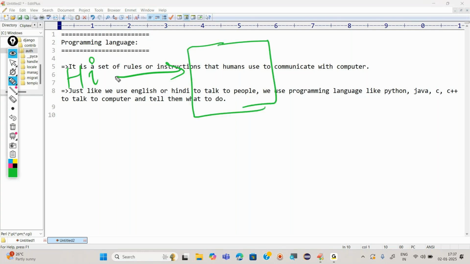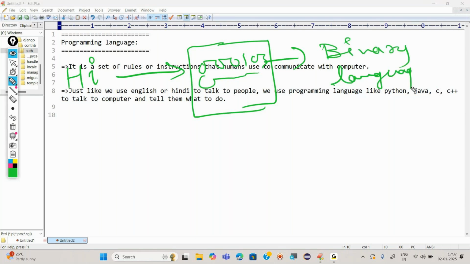It will convert this hi into something like 001000, because the system knows only binary language. That is a low level language, understandable only by the machine, not by normal human beings. Yes, we could interpret this as well, but no one has that much time.